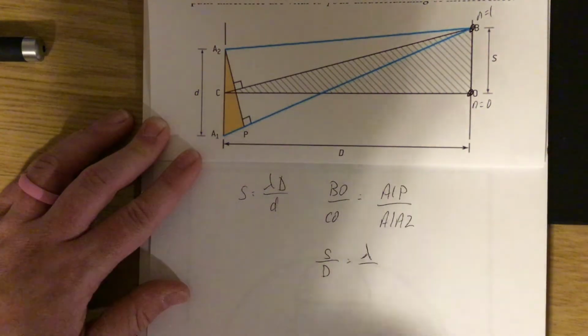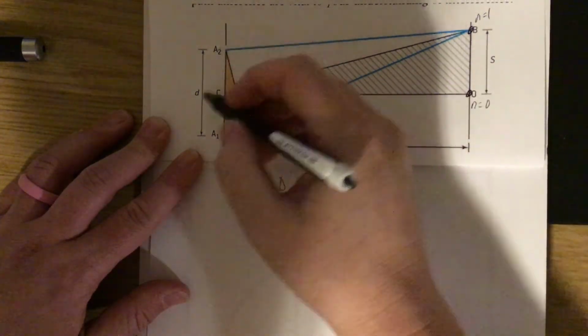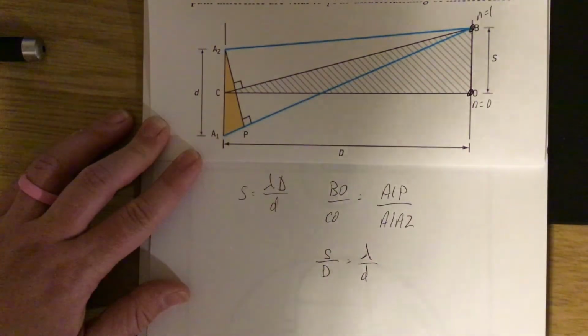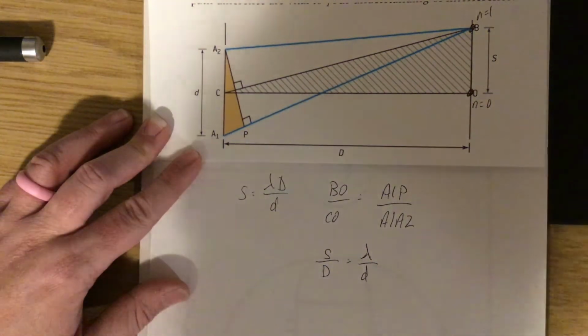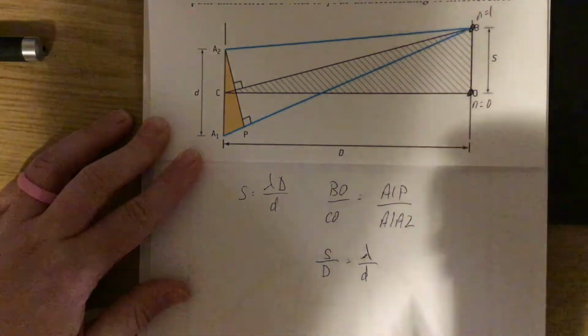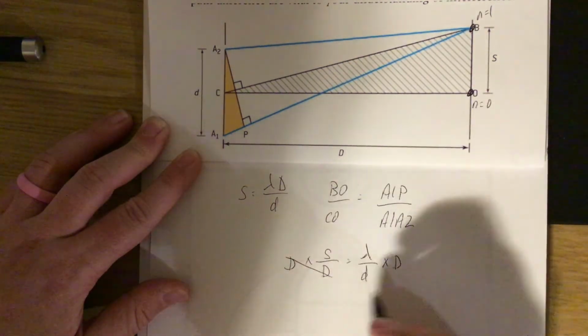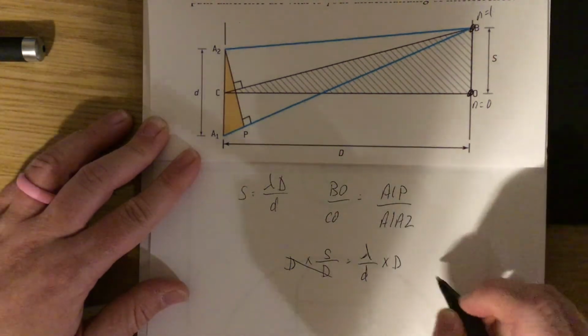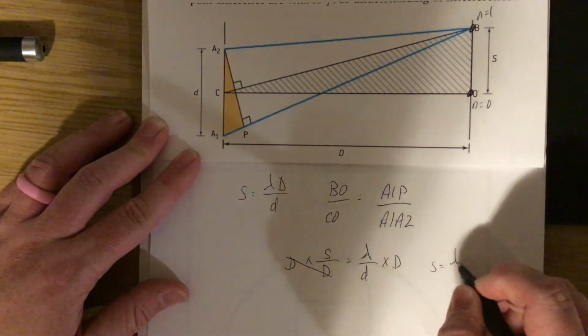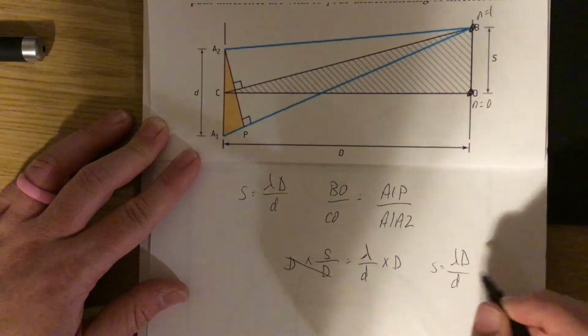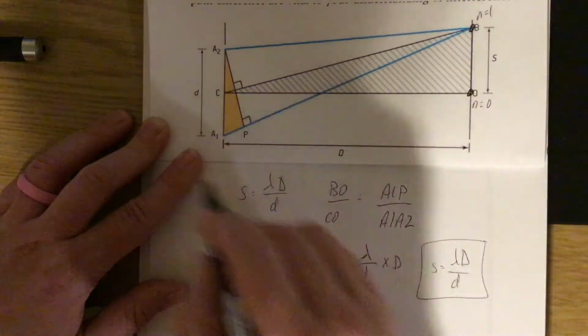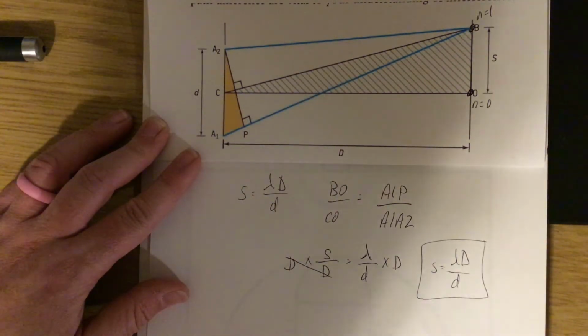And then over A1 to A2, that's the distance between the slits, little d. And so as we get to that equation, if we multiply both sides by big D, it cancels out there, and we end up with S is equal to lambda D over d, using the setup that we have here. And so we can use that.